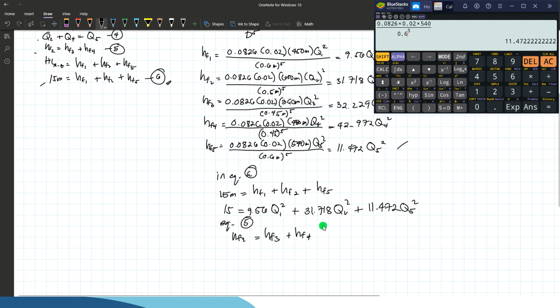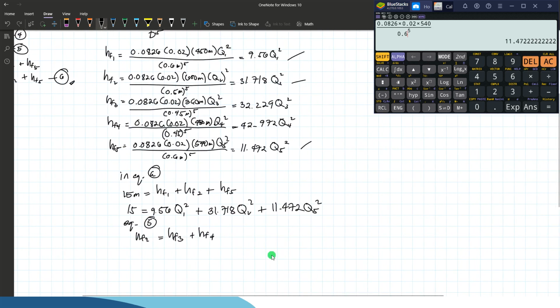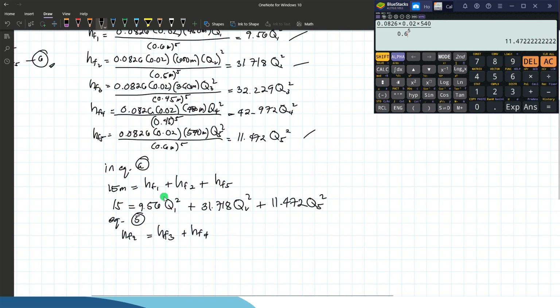Then substitute again. hf2 is 31.718 q2 squared equals to 32.229 q3 squared plus 42.972 q4 squared.